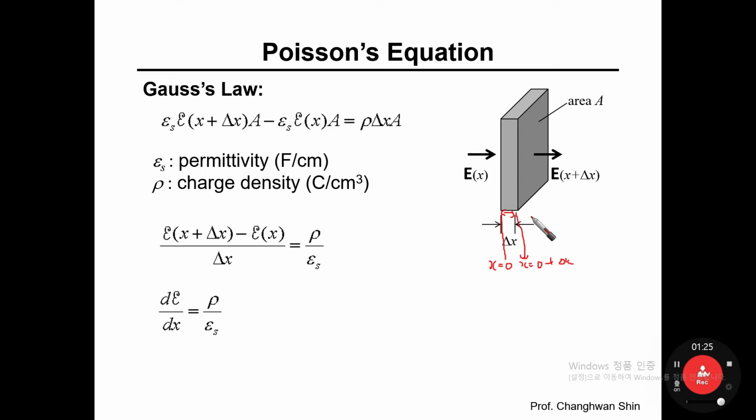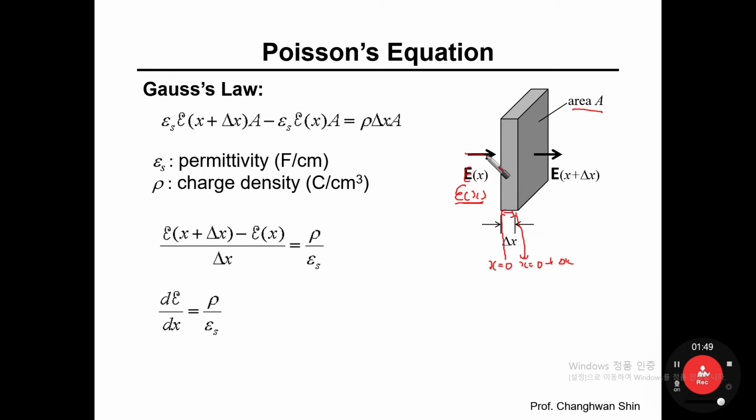So this cube has a very small width. And the cross-sectional area is defined as area A. And now the electric field, at x of 0, or just at an arbitrary x, the electric field intensity E of x is defined like that.